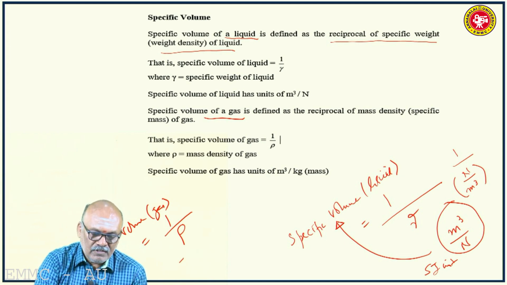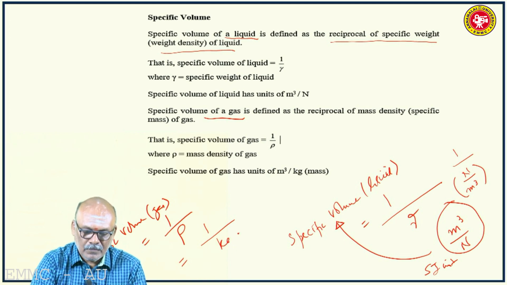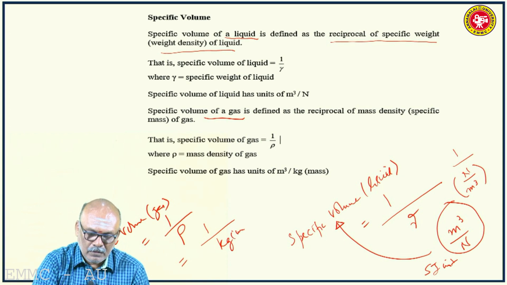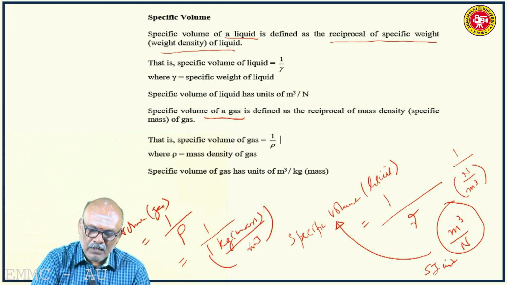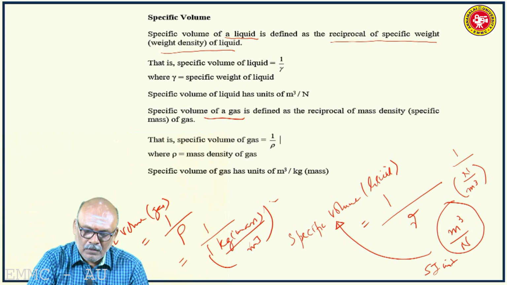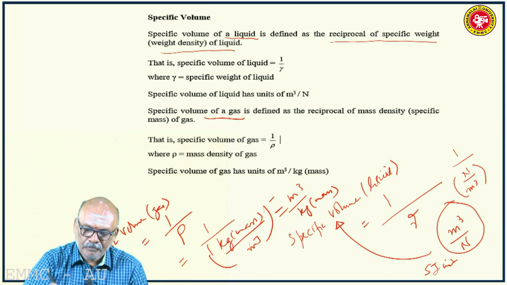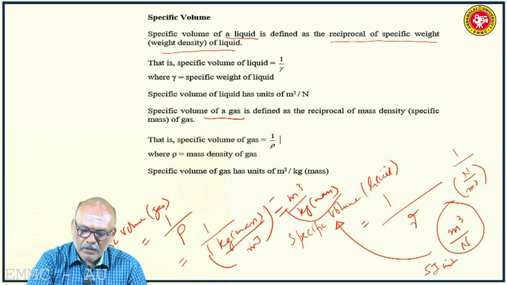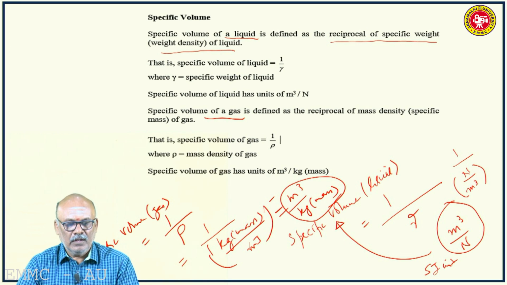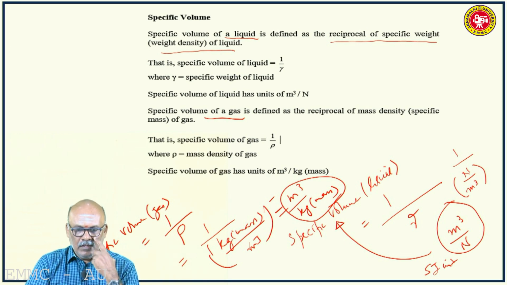What about the units of specific volume of a gas? 1 divided by the units of mass density, which is kilogram mass per meter cube, so this becomes meter cube per kilogram mass. Meter cube per kilogram mass is the unit of specific volume of a gas.